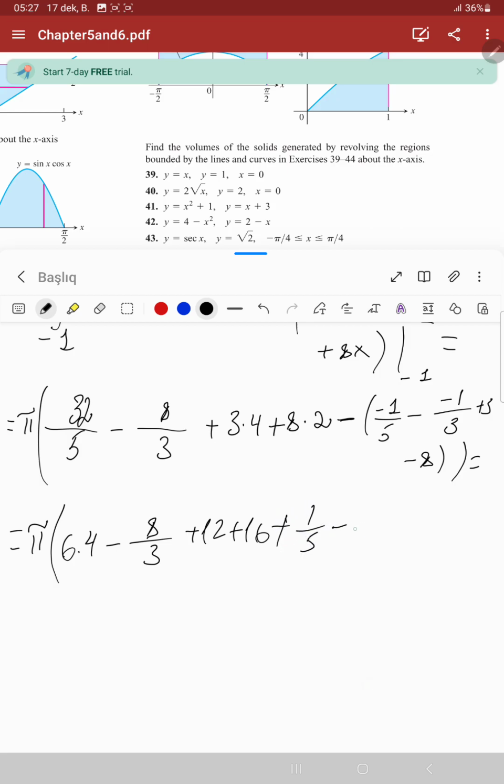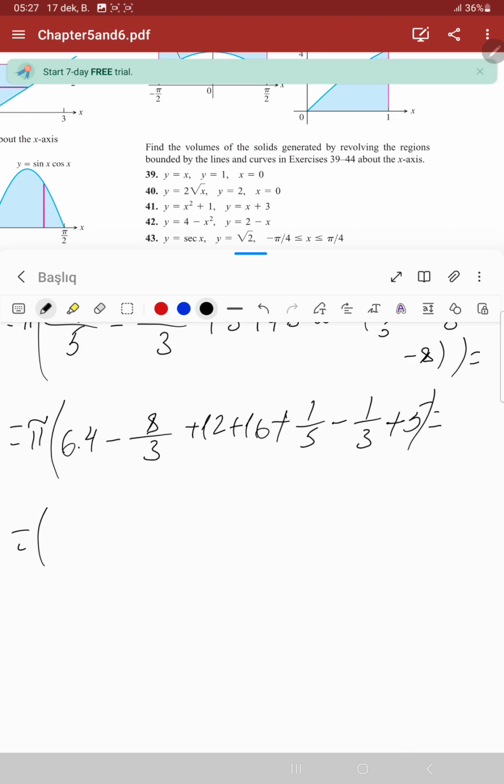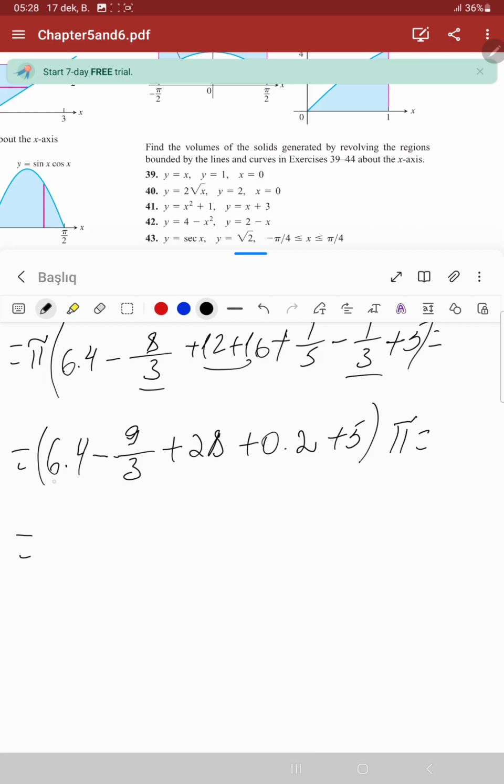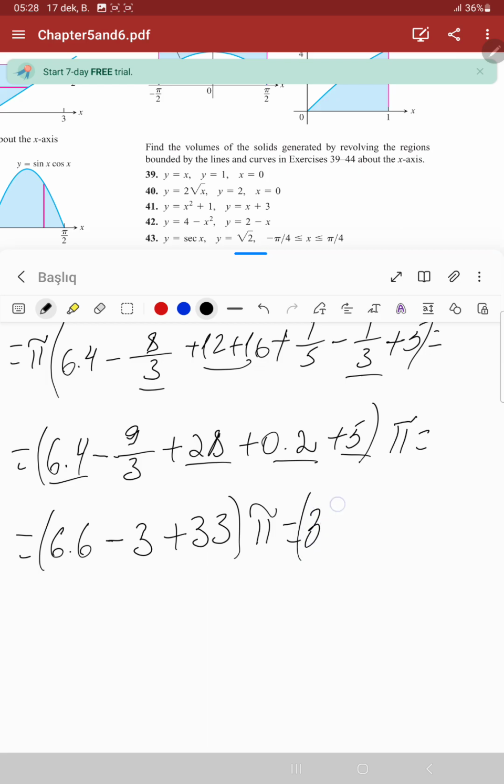So minus this and this, pi times, so this is 30.